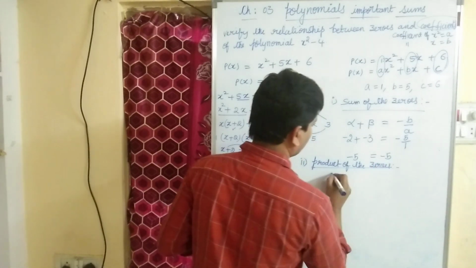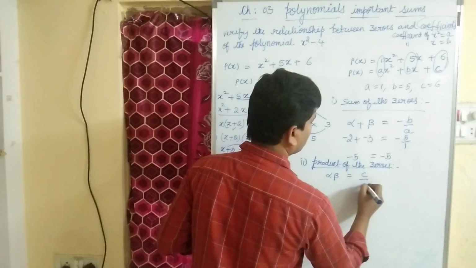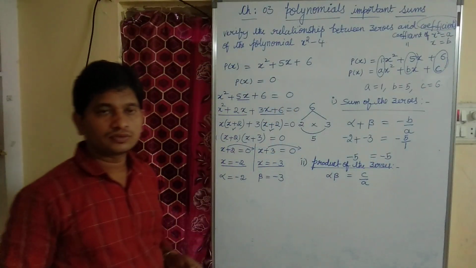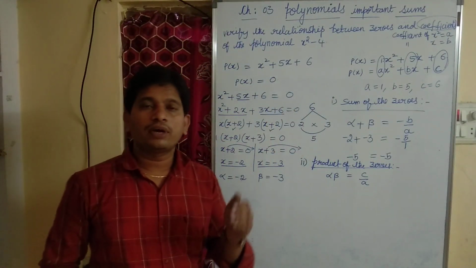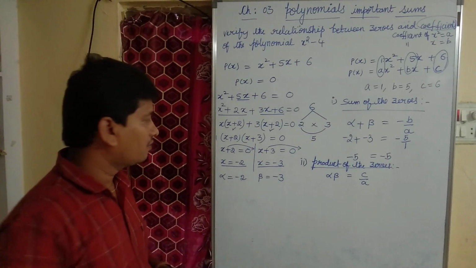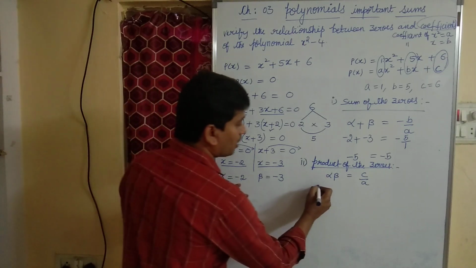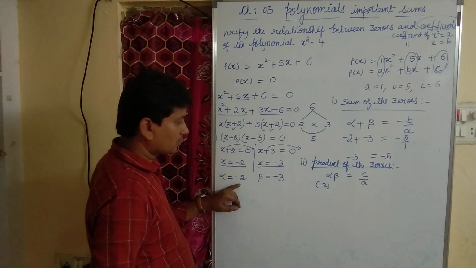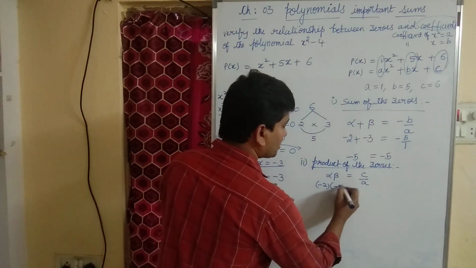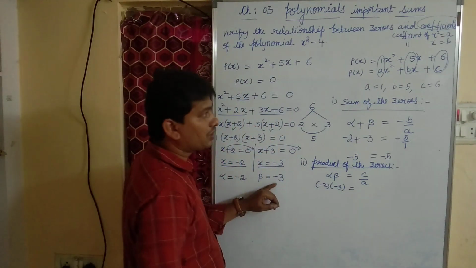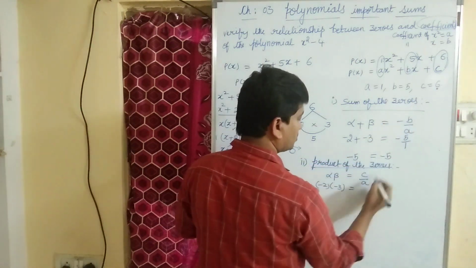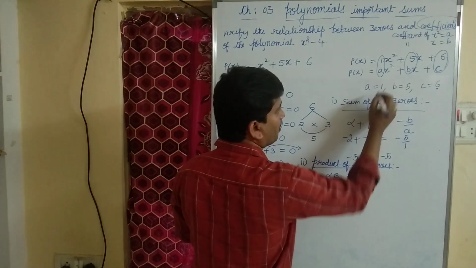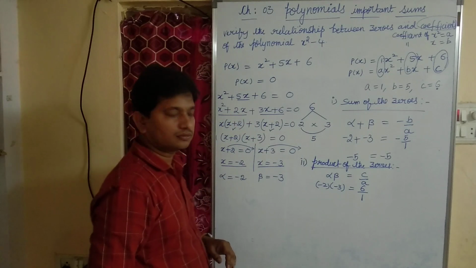Product of the zeros, that is alpha beta equal to c by a. What is the second relationship? Alpha beta equal to c by a. Alpha value is minus 2 into beta value minus 3 equal to, what is our c value? The c value is 6 divided by the a value 1.